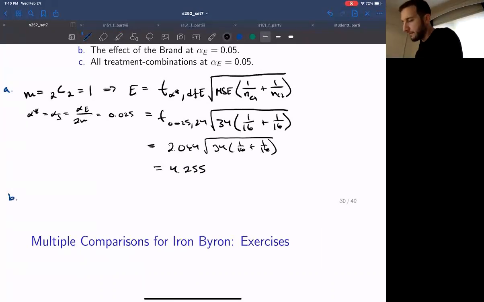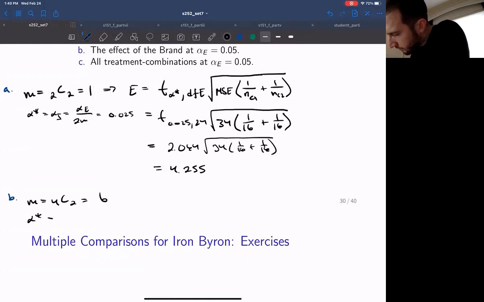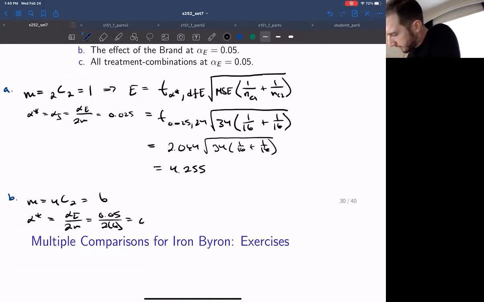Okay, then for brand effect, so now we would have 4 choose 2, which is equal to 6. So that means that our alpha star value is going to be alpha E divided by 2M, which is 0.05 over 2 times 6, which is 0.0083.